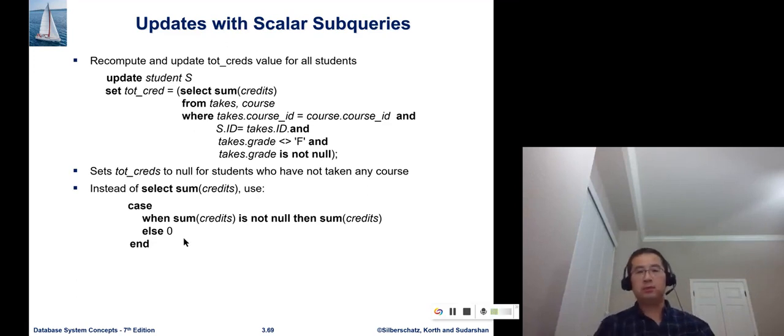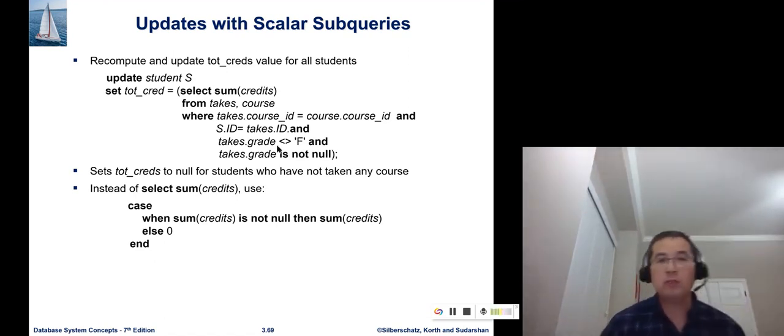So if this is not unknown, then we assign the real value, otherwise we assign 0. It seems much easier than the previous one, correct? We get a result here, true or false. If it's true, we assign the sum of credits, otherwise we assign just 0.